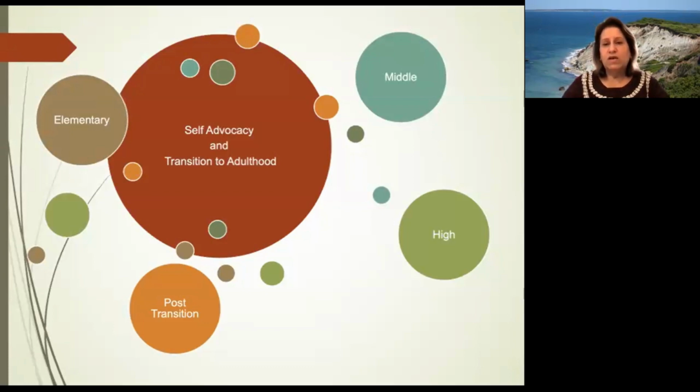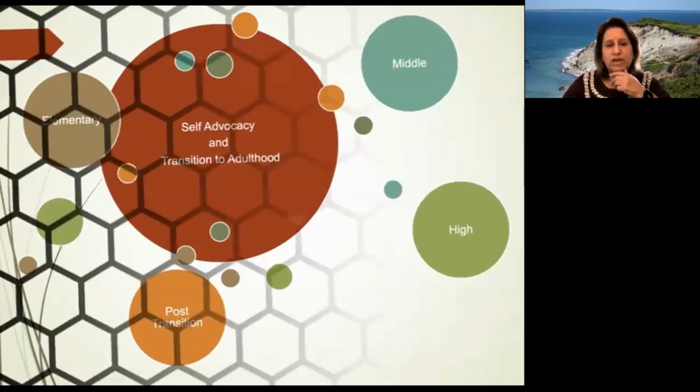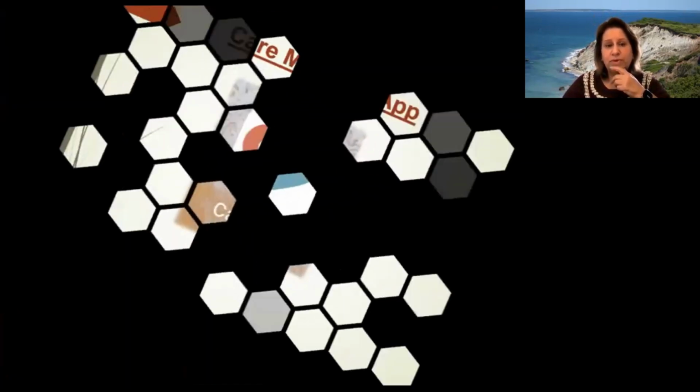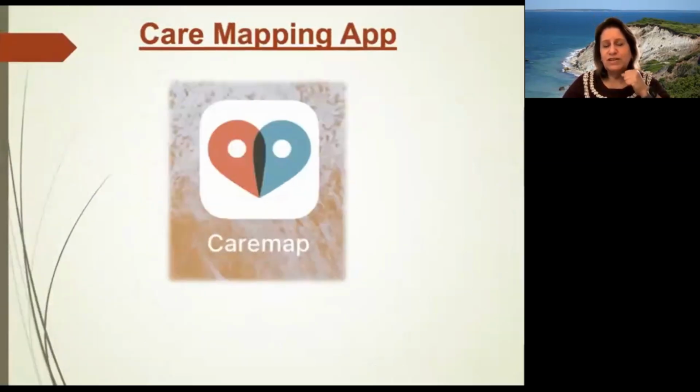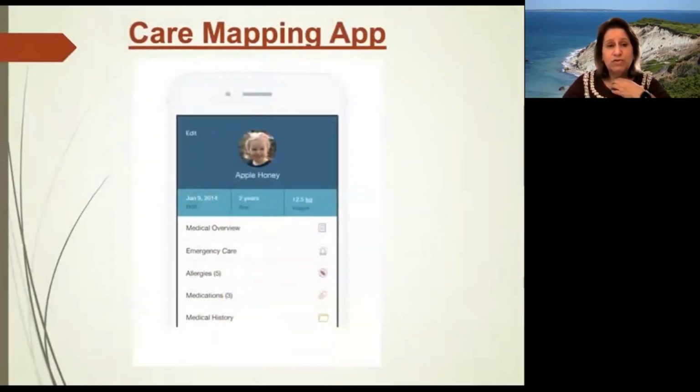One of the things also about the care mapping, which is really, really awesome that came about, is now they have an app. So it's just like the fitness, Fitbit apps and Apple Watch, and you can download this app. It's free, and I'm going to show you a few things here. It looks like what you may see in other apps.